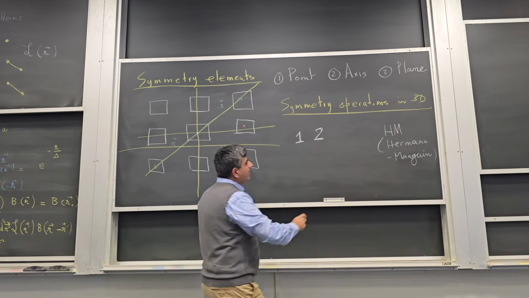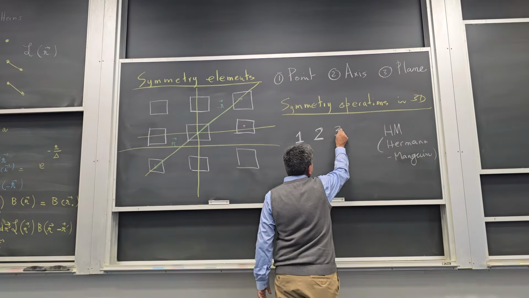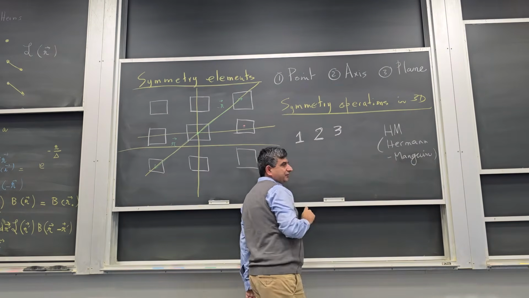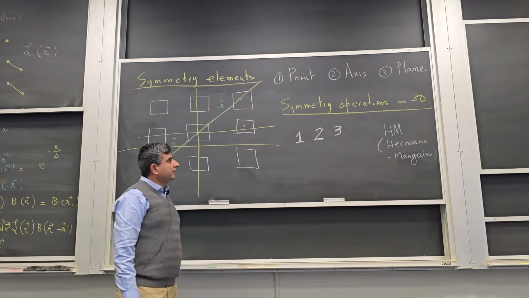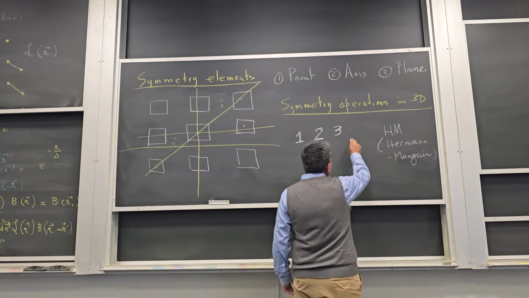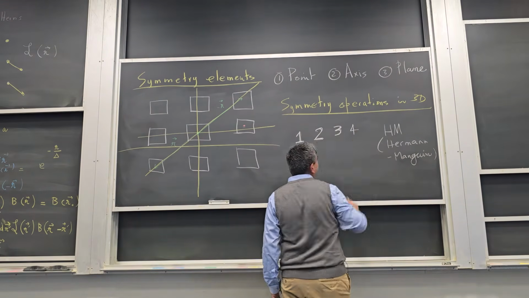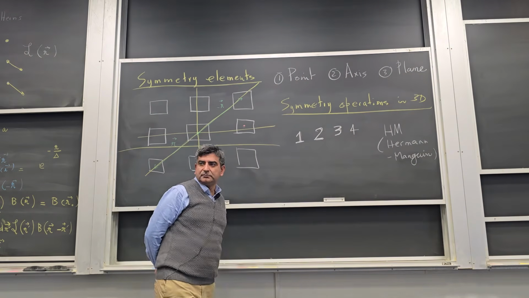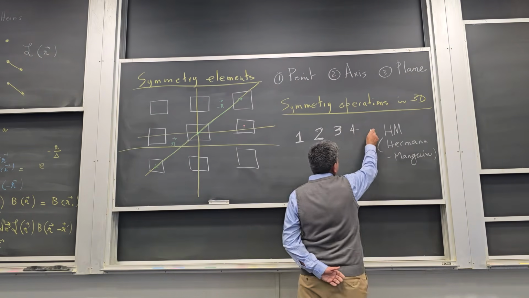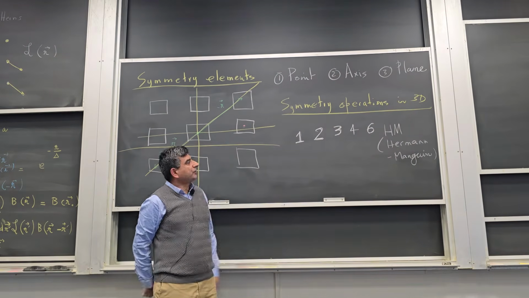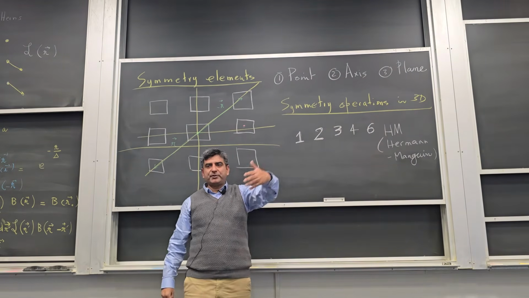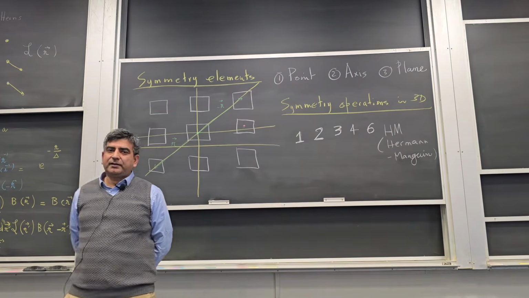You could have a three-fold rotation, which is a rotation by 120 degrees. You could have a four-fold rotation, and you can have a six-fold rotation. So there are these 5 symmetry operations that can exist.